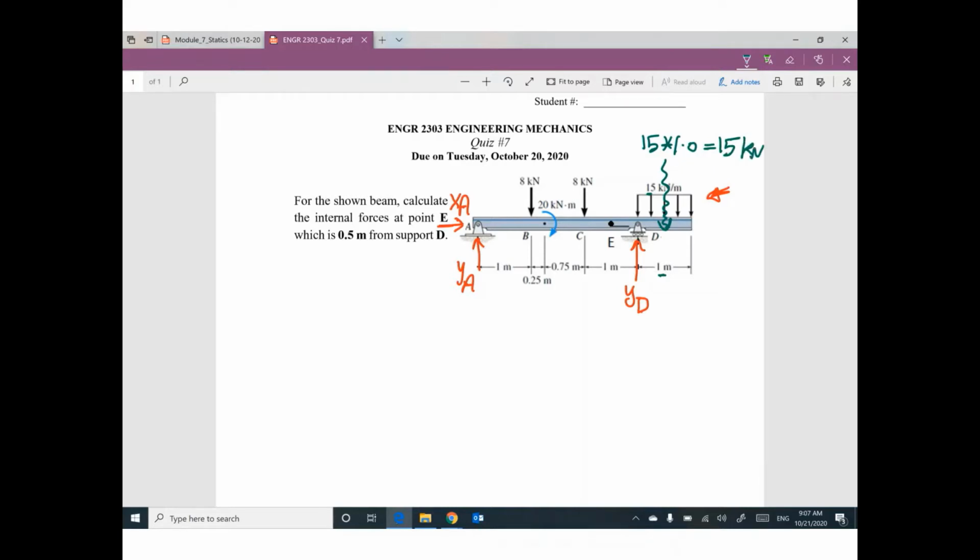How much? 15, the given distributed load value, 15 kilonewton per meter, times the total length, which is 1 meter. Where? At the midpoint of this distance. That means this distance will be 0.5 and this distance will be 0.5.